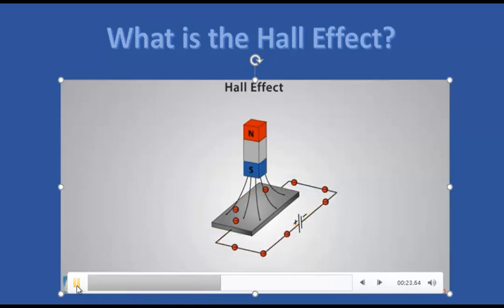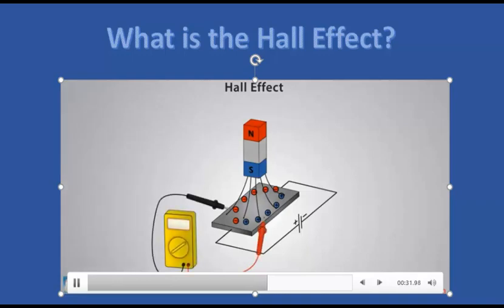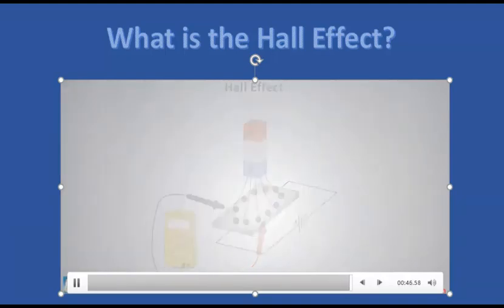In such a case, the electrons would deflect to one side of the plate and the positive poles to the other side. This means if we put a meter between these two sides, we will get some voltage which can be measured. The effect of getting a measurable voltage, as we explained above, is called the Hall effect, after Edwin Hall, who discovered it in 1879.